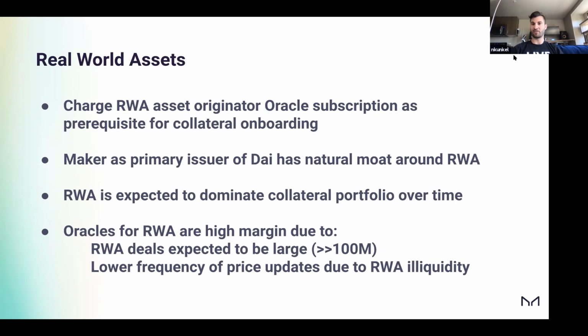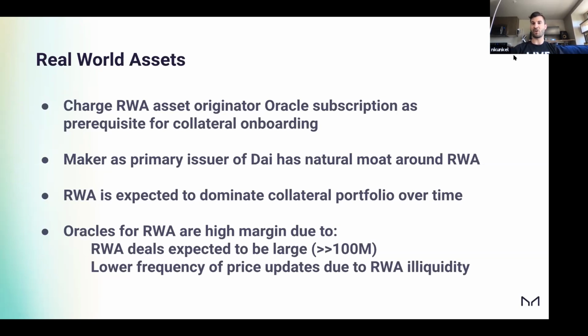Given the scale at which these real world asset deals are expected to be in no short order, which is greater than 100 million apiece, and at some point, $500 million and even $1 billion apiece, the oracle costs, even if they are quite high by today's standards, quickly don't become that significant anymore.